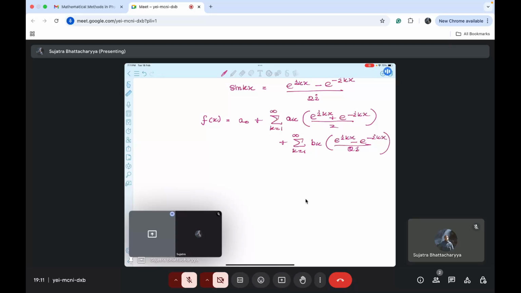Now, what simple thing: e to the power iota kx terms we will separate, and e to the power minus iota kx terms we will separate.